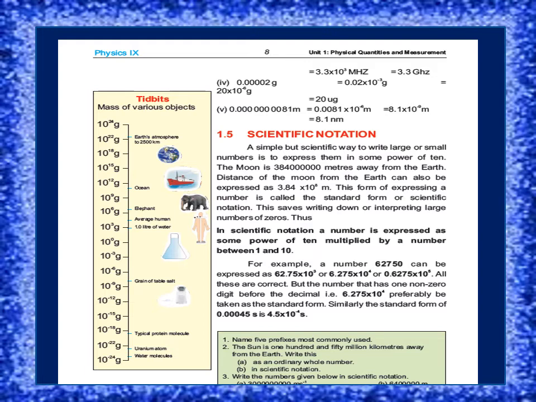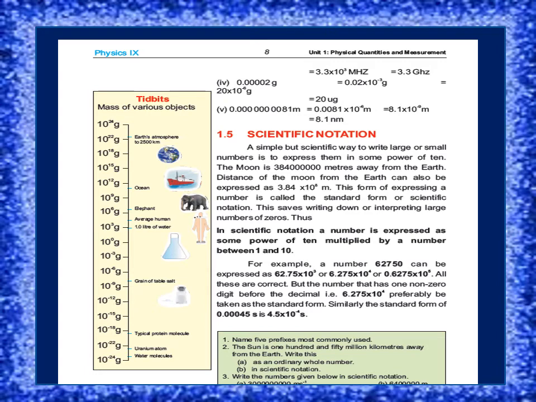Okay, so this form of expressing a number is called the standard form or scientific notation. Here we have a definition of scientific notation: in scientific notation a number is expressed as some power of 10 multiplied by a number between 1 and 10.